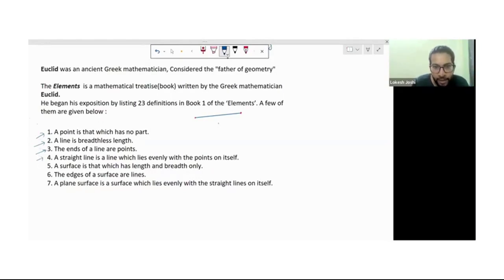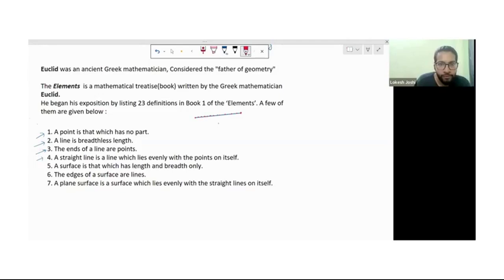In a straight line like that, there are many points which lie evenly on this line, like these red dots. It's the way we can draw points, and Euclid is trying to say that a line consists of such points which are uniformly there.